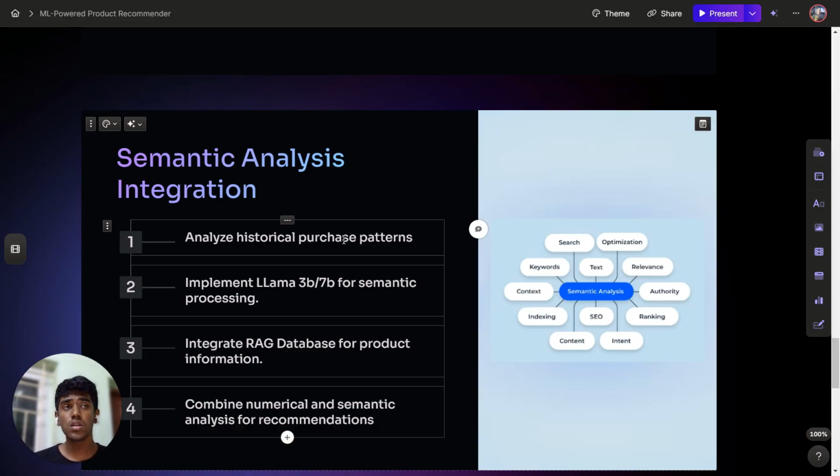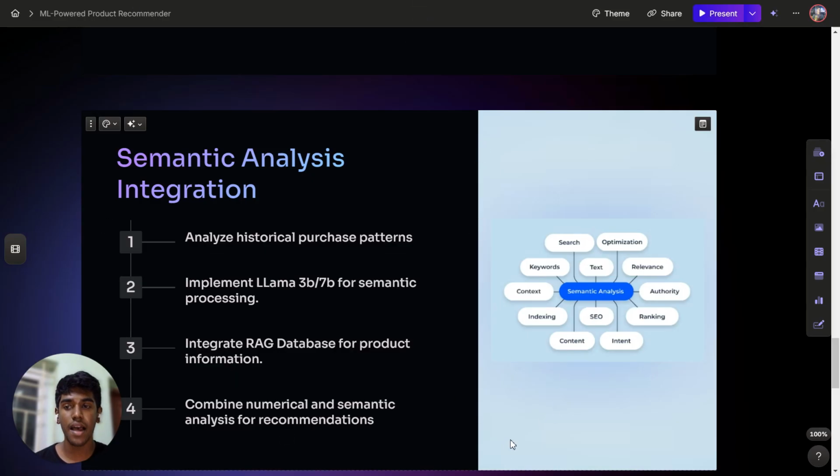Let's say a user also has some purchases of applications. If your products also include some apps, then while he's buying a Samsung phone, he'll also buy something people usually buy with Samsung phones, but this cannot be done through clustering. Here we can use an LLM; I can implement Llama 3B or 7B locally for semantic processing as well as querying, and integrate a database for product information on what's available in your own system.